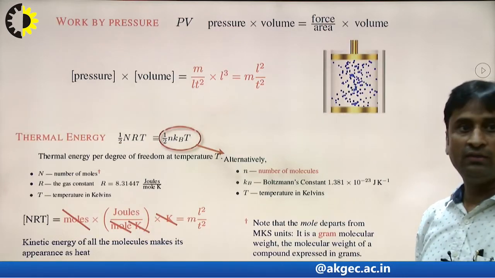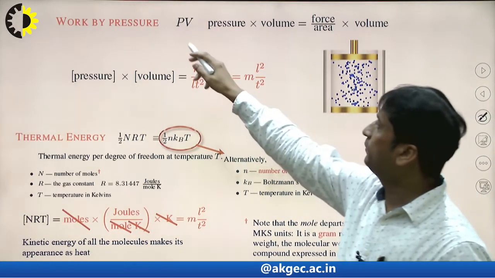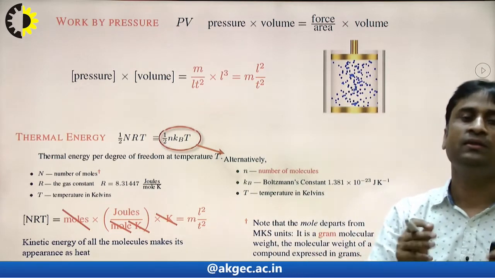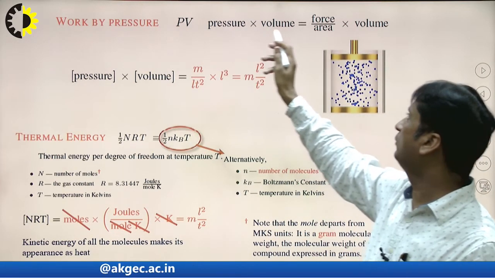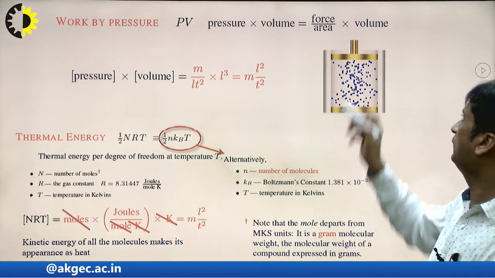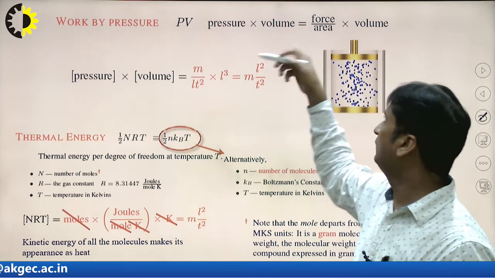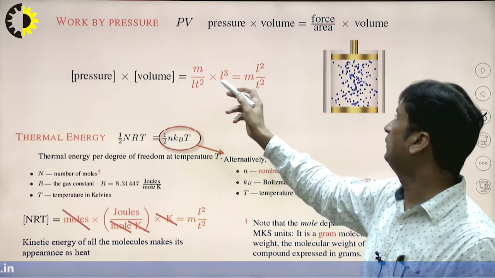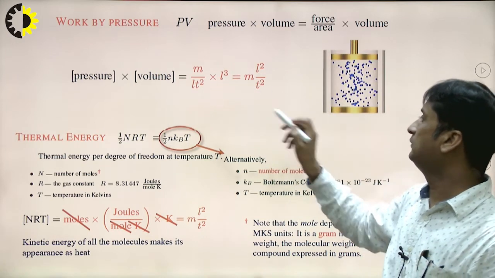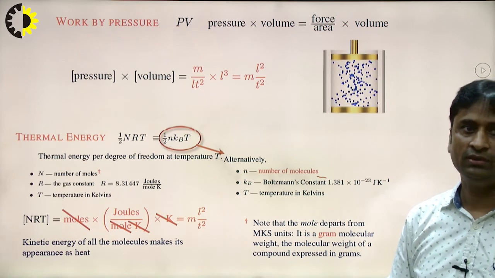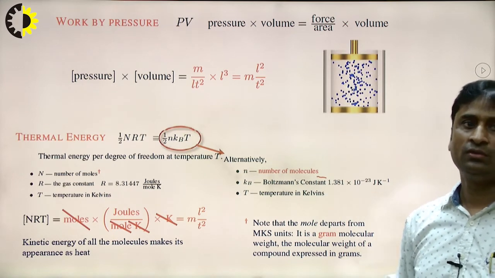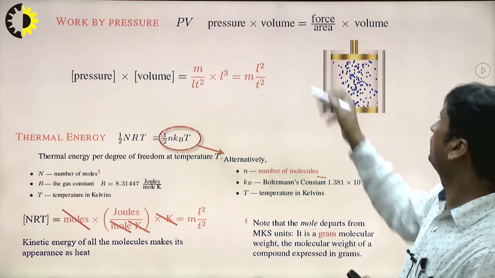Again, work by pressure is P into V, pressure into volume, where pressure is force per unit area. So this is the expression for the work done in case of volume and pressure.